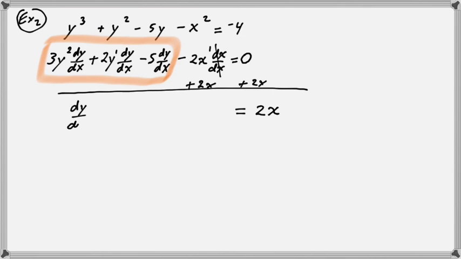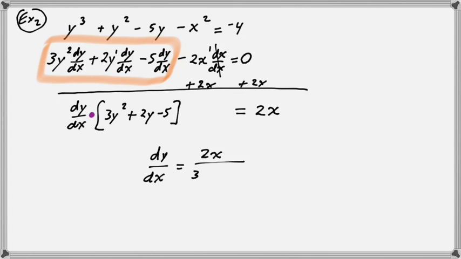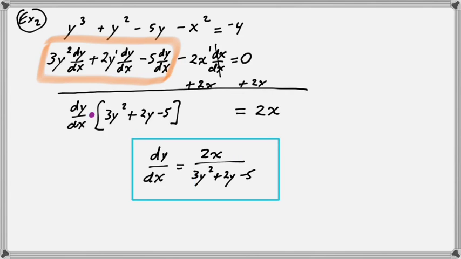Factor dy/dx out: 3y squared plus 2y minus 5. Now, if I want to solve for dy/dx, what's the opposite of multiplying? Dividing. So dy/dx would equal 2x over 3y squared plus 2y minus 5. And that's the answer for example 2.